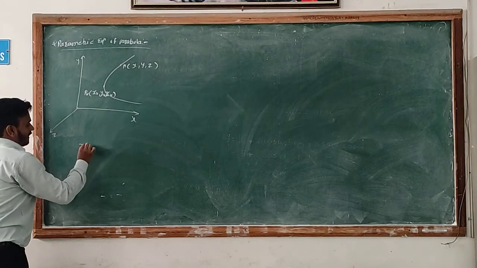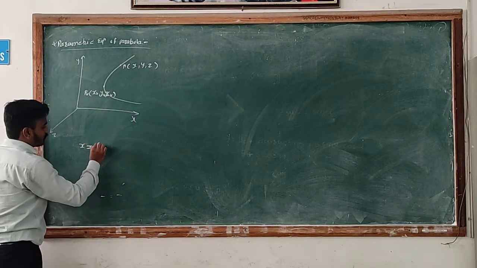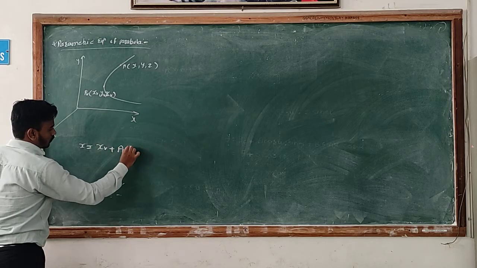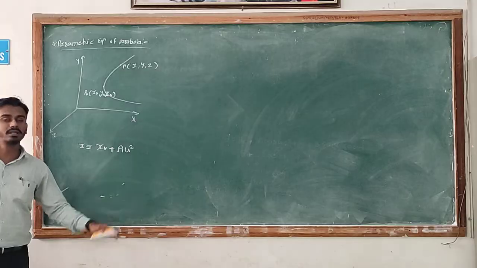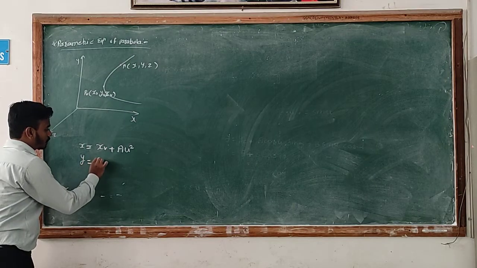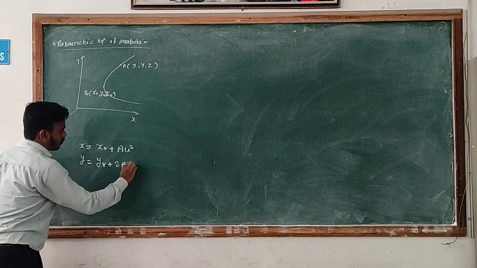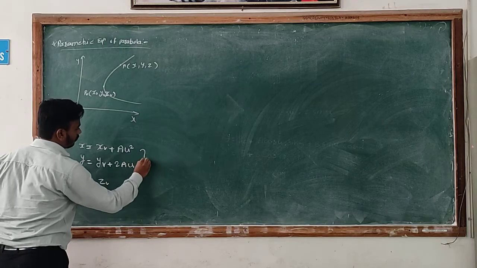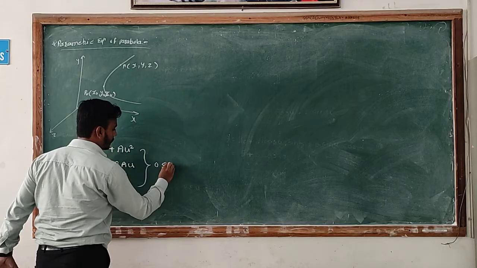So we have to find out the parametric equation of the parabola. That is, x is equal to xv plus a into u square. y is equal to yv plus 2a into u, and z is equal to zv. And here the value of u is varying from 0 to infinity.